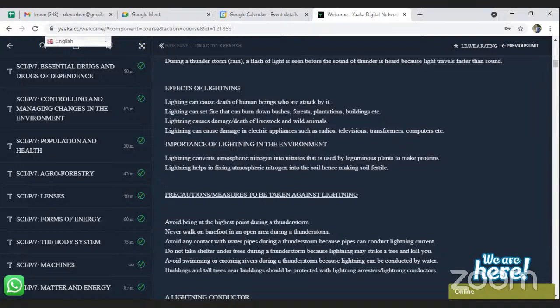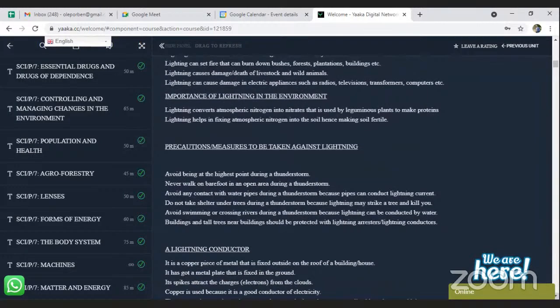Lightning can cause damage in electric appliances such as radios, televisions, transformers, computers, etc. And many others. And then we also have the importance of lightning, and so on. So all this, you look at them.